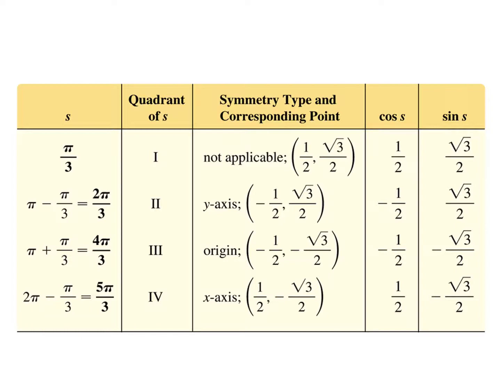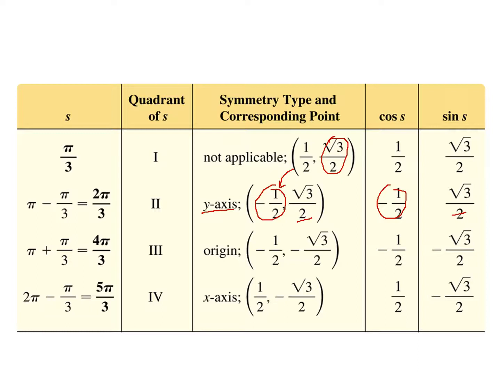The cosine of this S is 1/2, and the sine is the y value, or square root of 3 over 2. In the second quadrant, it occurs at 2 pi over 3, and it has y-axis symmetry. The x value is negative because it is in the second quadrant. The y value is the same. So the cosine is negative 1/2, while the sine is still square root of 3 over 2.